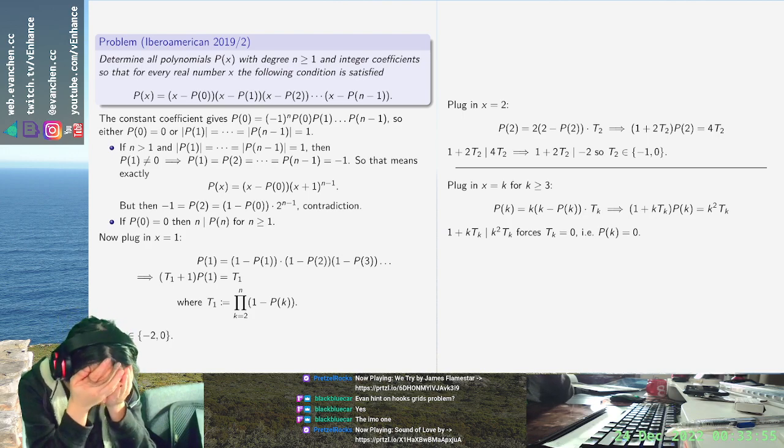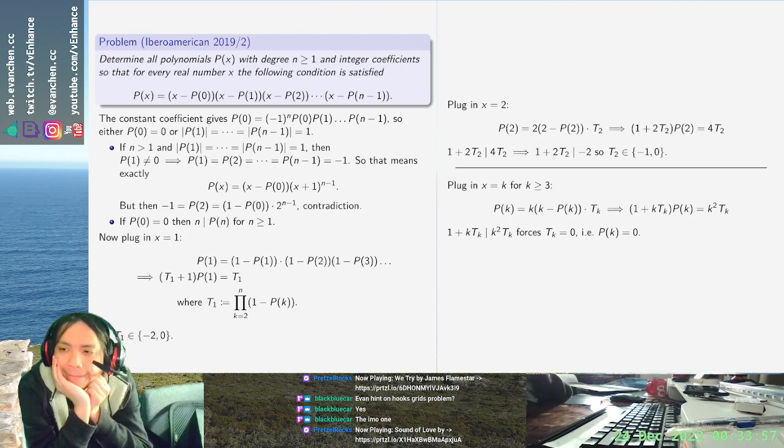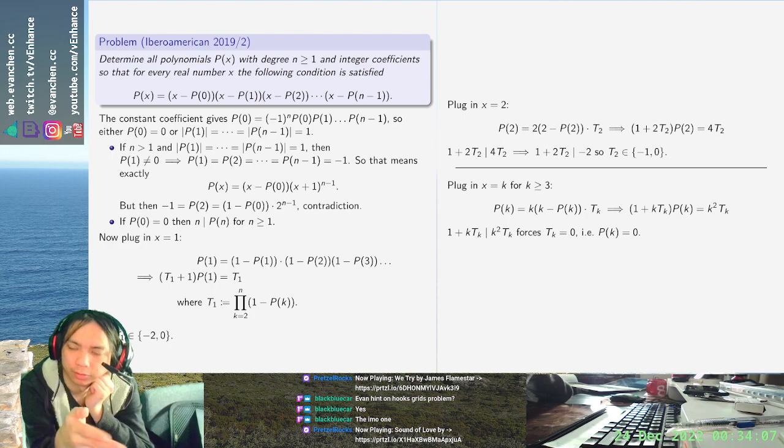I'm confusing myself with flow logic. So he said if p0 is 0, then all the other p_i have to be plus minus 1, which will kill you because then you plug in 1 and you have powers of 2 floating around.